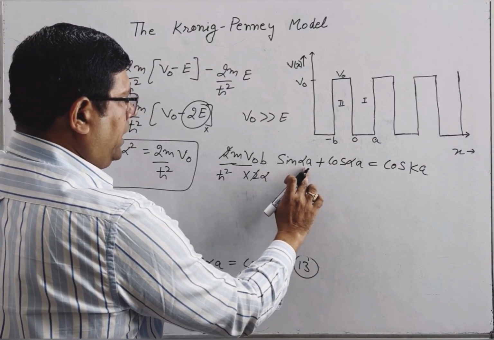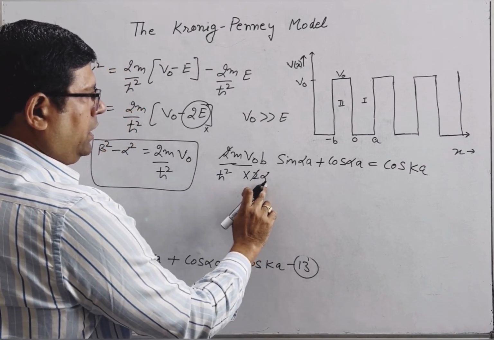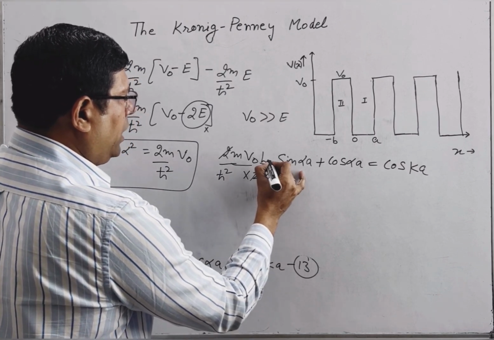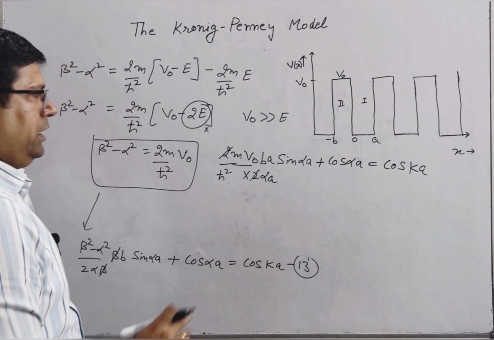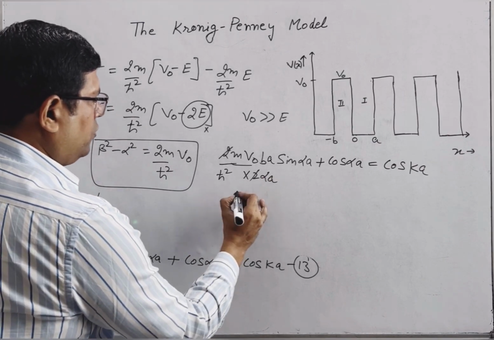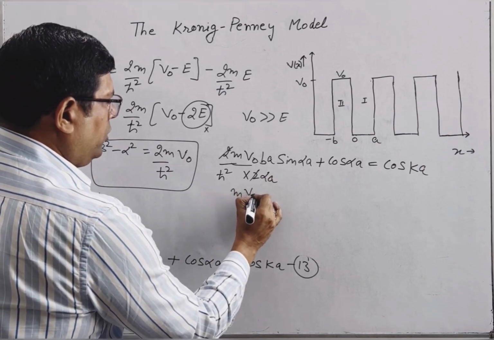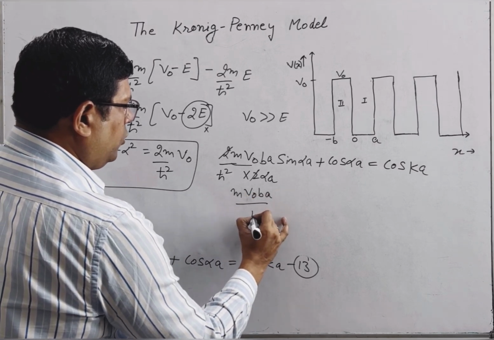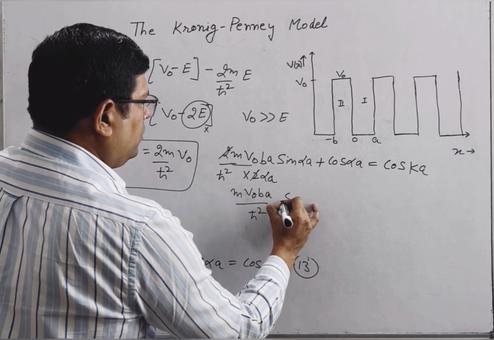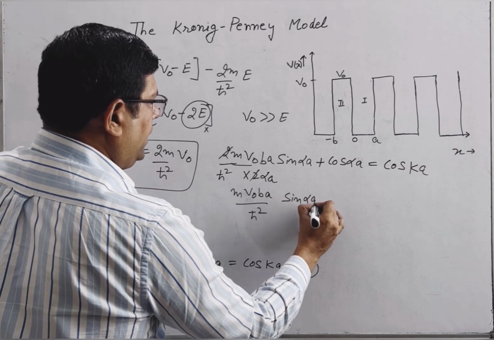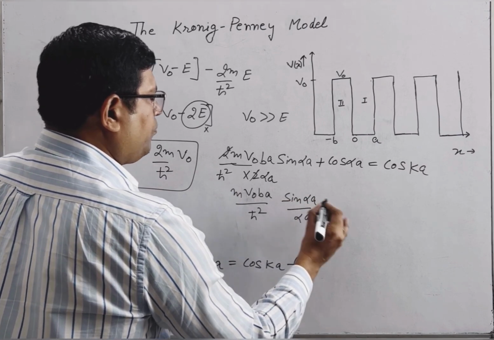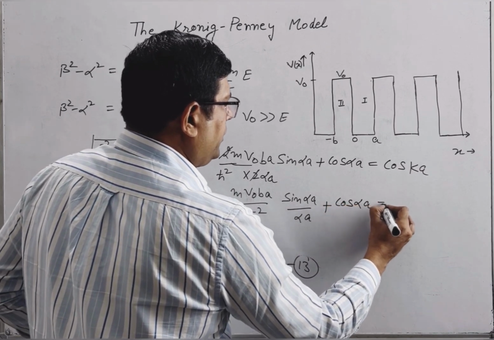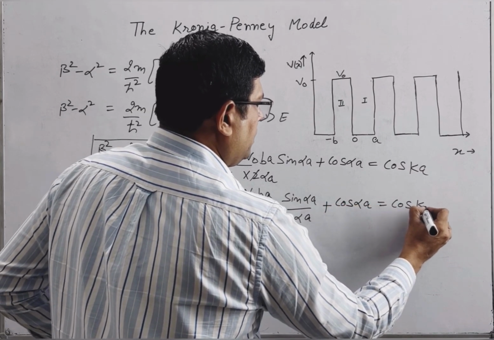This is sine alpha a. Here is alpha, so we will multiply and divide by a here. So we have m V naught b into a upon h cut square into sine alpha a upon alpha a plus cos alpha a equal to cos Ka.